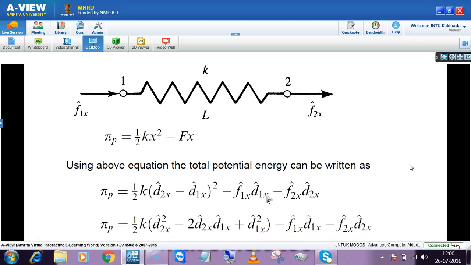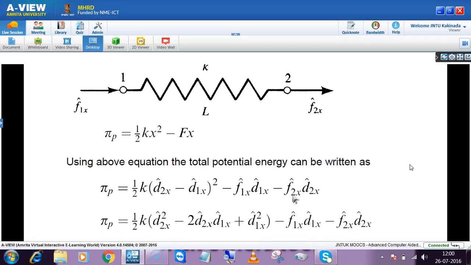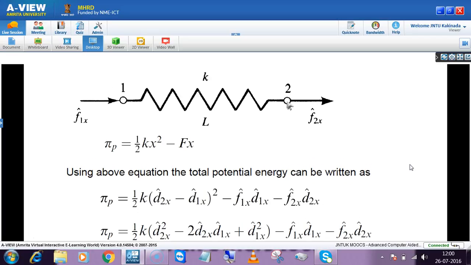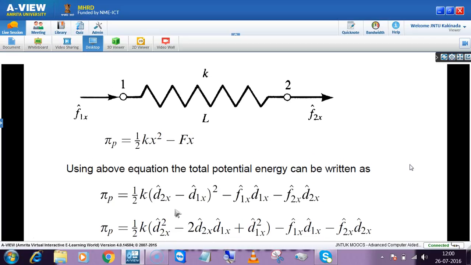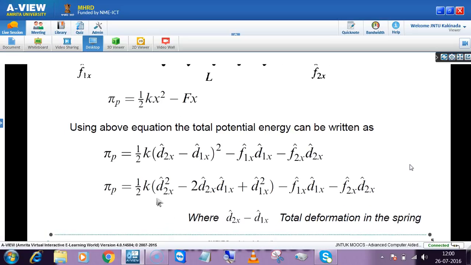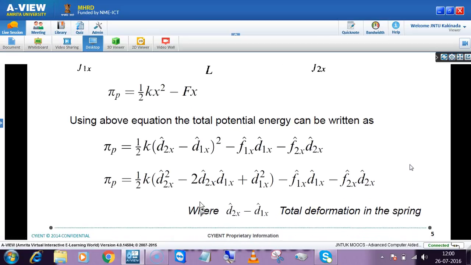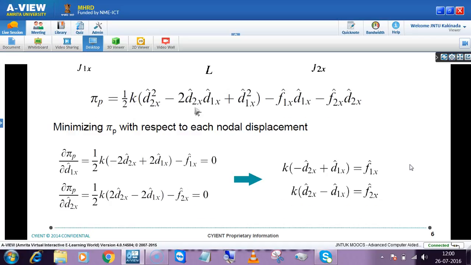There are two external forces, f1x and f2x, so we subtract f1x into d1x and f2x into d2x. This is the total potential energy equation.